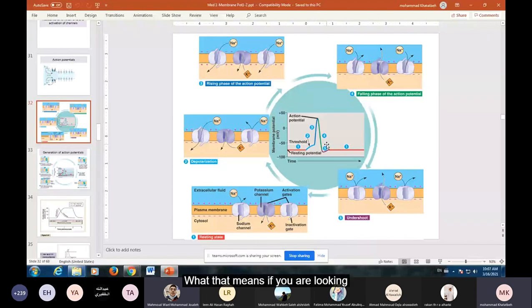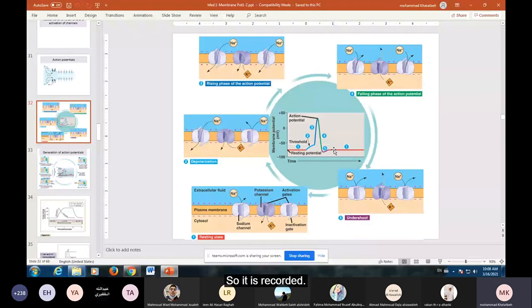What that means, if you are looking at the whole recording in a mirror image, you start from the positive, then you have that wave down, which is this phase, then you have the whole action potential down, then you will have a wave which is becoming positive here, more positive than the resting membrane potential. That's the first recordings for the action potential.